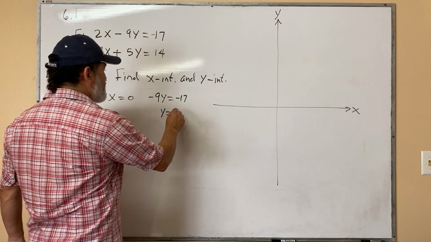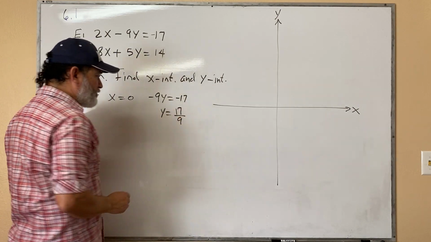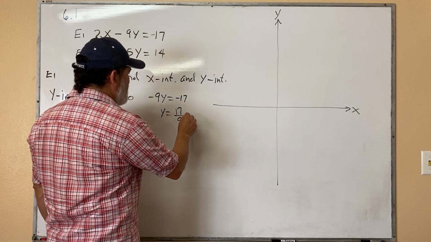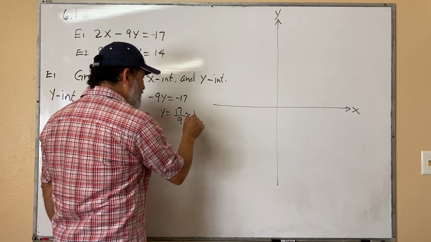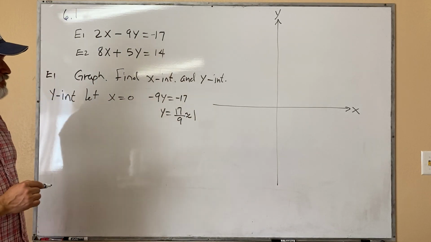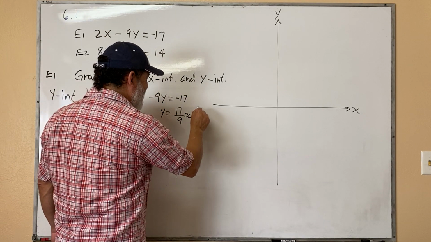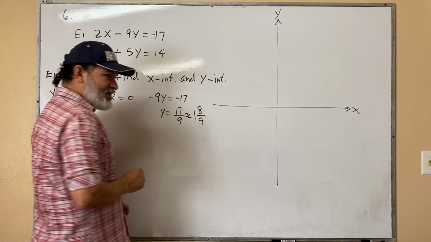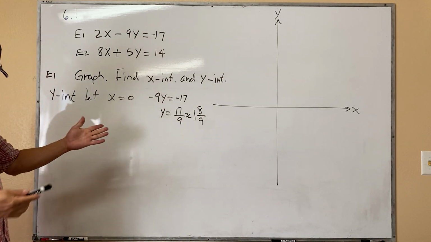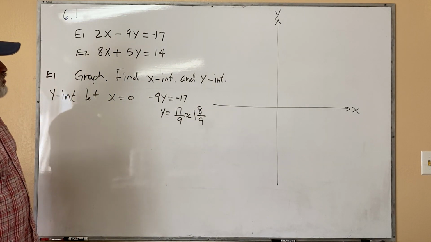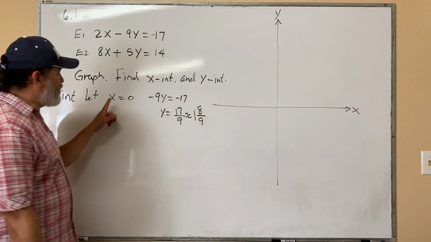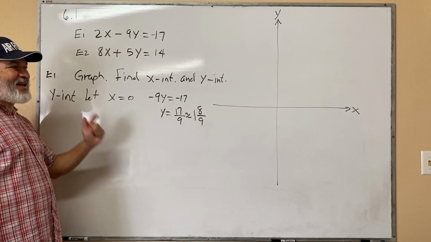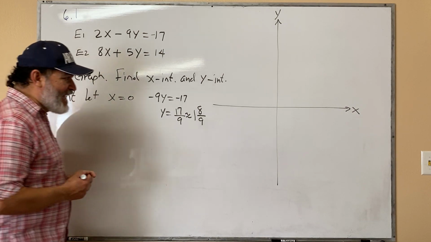Positive. So this is 17 over 9. 9 goes into 17 one time, with 8 ninths left over. So when x is 0, y is 1 and 8 ninths.